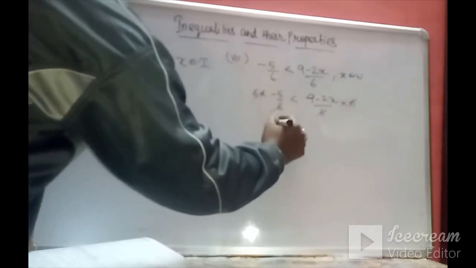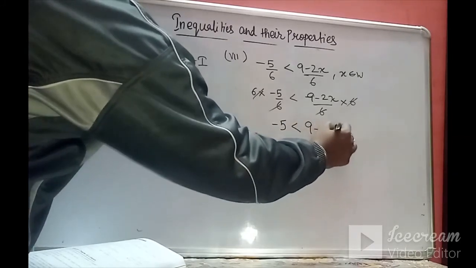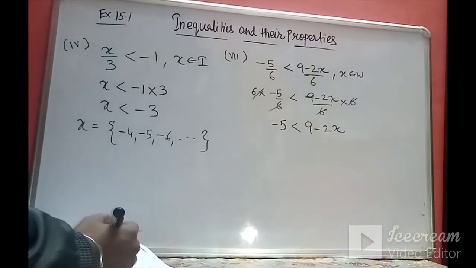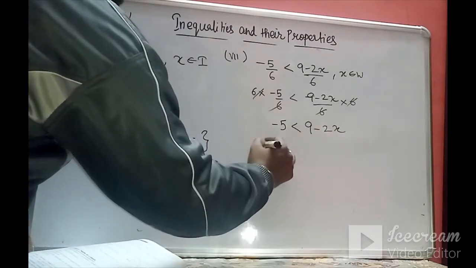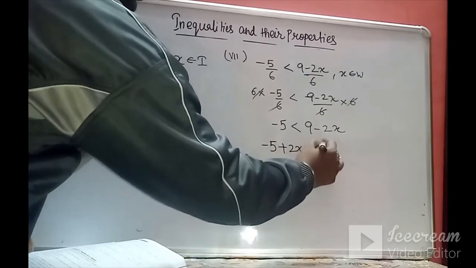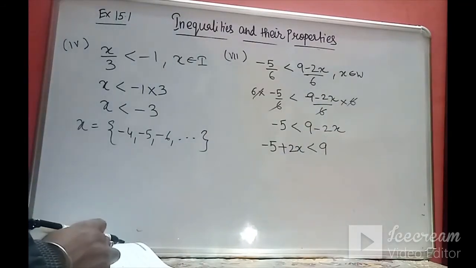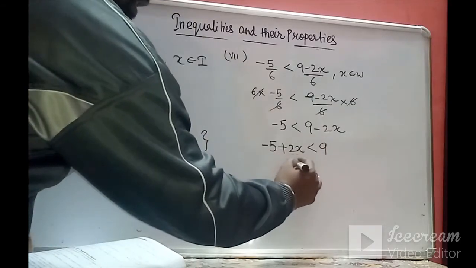So finally I will get -5 < 9 - 2x. Now I will bring this 2x here: -5 + 2x < 9. Okay. Then you will take 5 there.